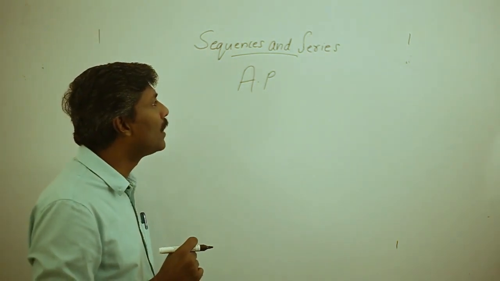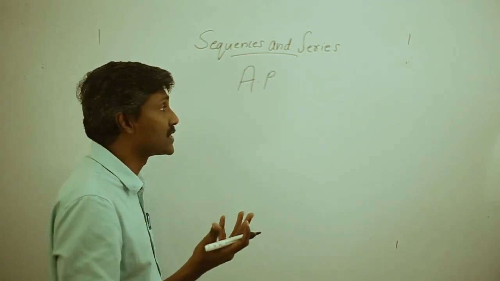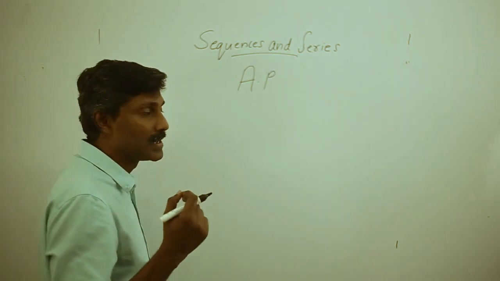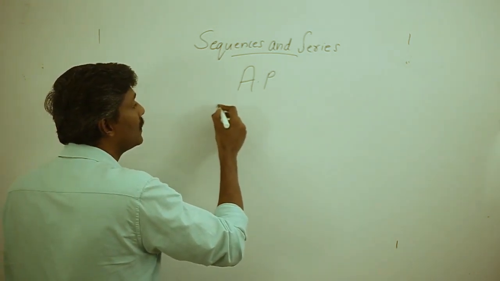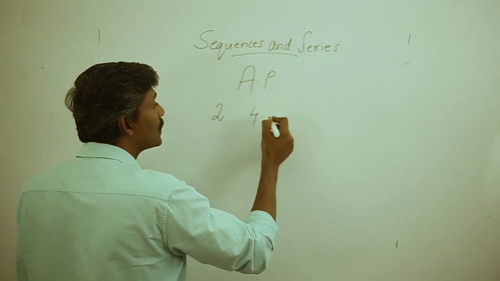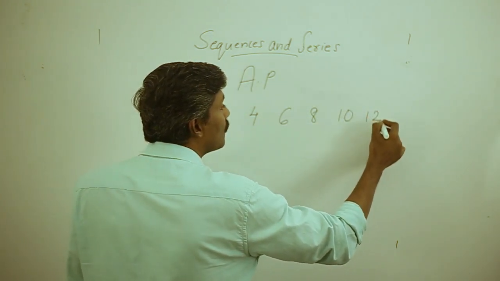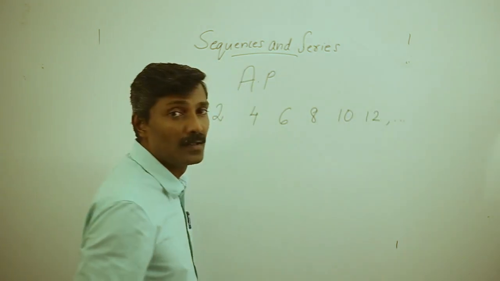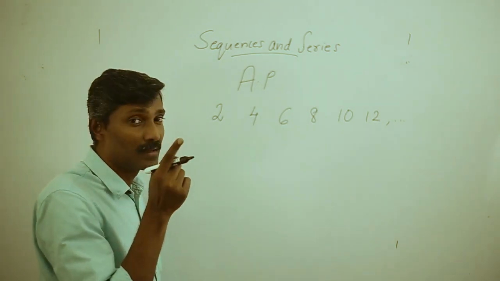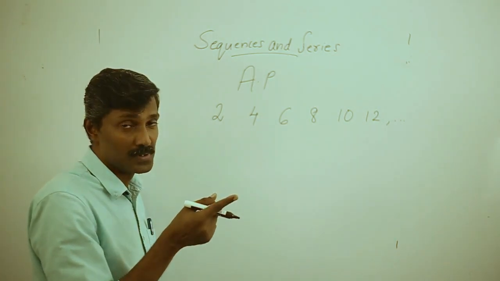What are the main characteristic features of an arithmetic progression? Okay, I will write an example on the board and then I will explain what is an AP. Suppose you write these terms 2, 4, 6, 8, 10, 12, etc. Now look at these numbers and just think what is the connection between each of the numbers.